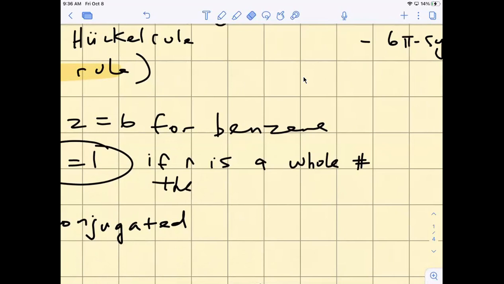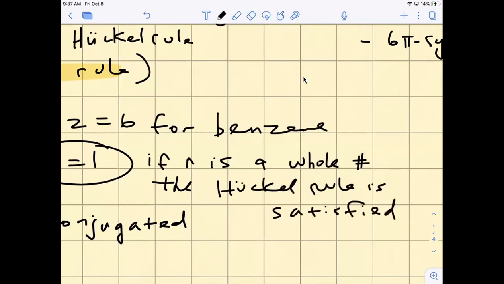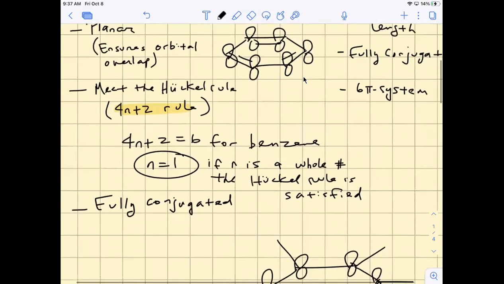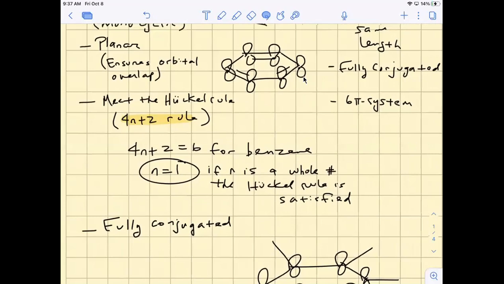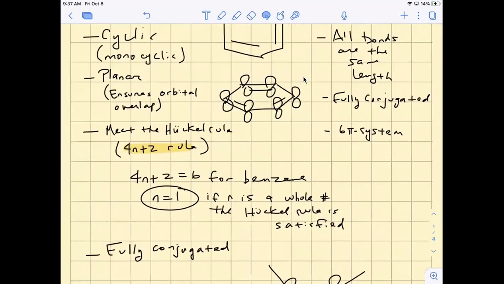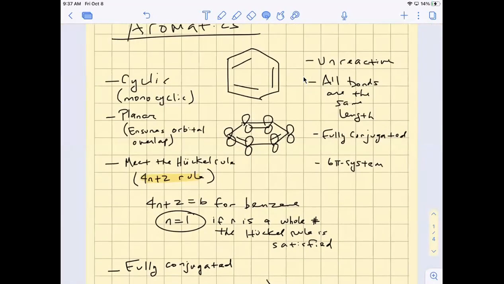If it doesn't, then the 4n plus 2 rule isn't satisfied. If the 4n plus 2 rule isn't satisfied, then one of the criteria for aromaticity is not met, then it's not aromatic. So it wouldn't be considered an aromatic compound.